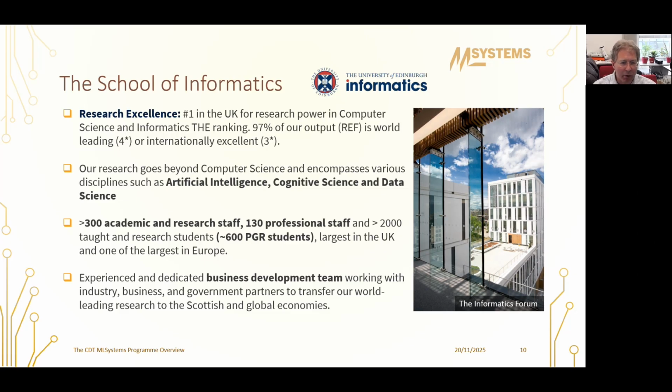We have about 300 academic staff, and in the department, about 2,000 taught students and 600 PhD students. We also have a lot of other links in terms of business development teams working with companies, with government partners, etc., to enable our research to be transferred and used in other contexts.